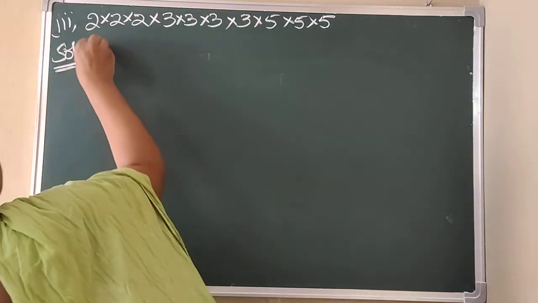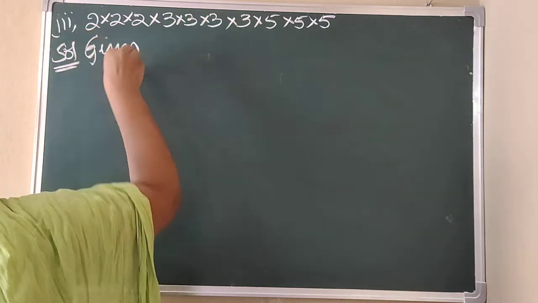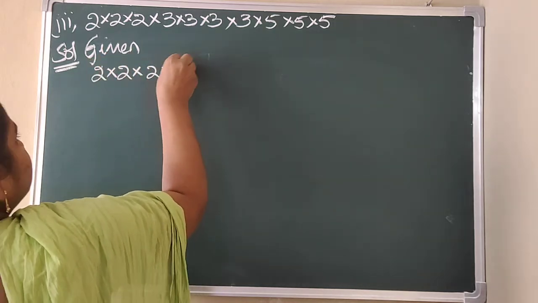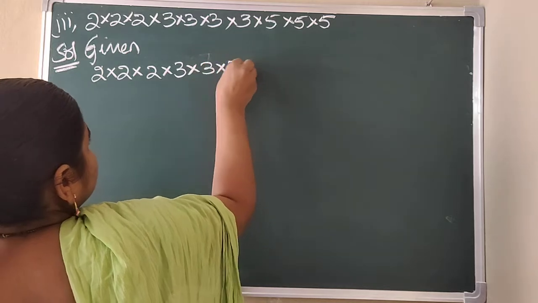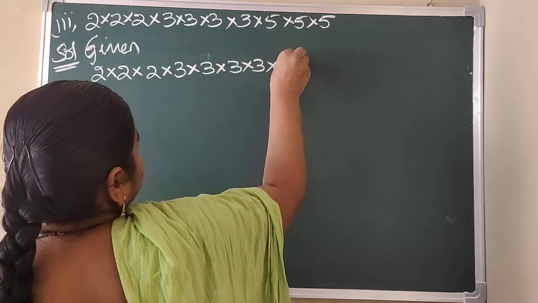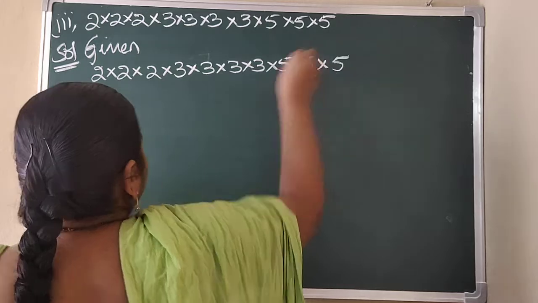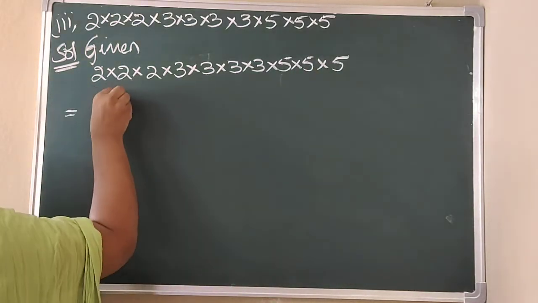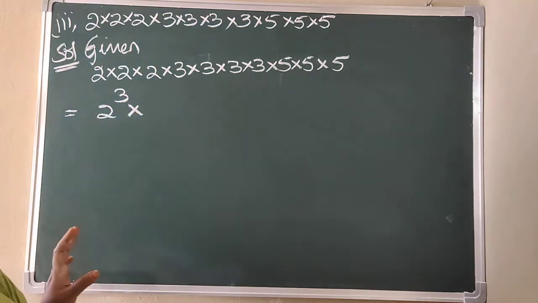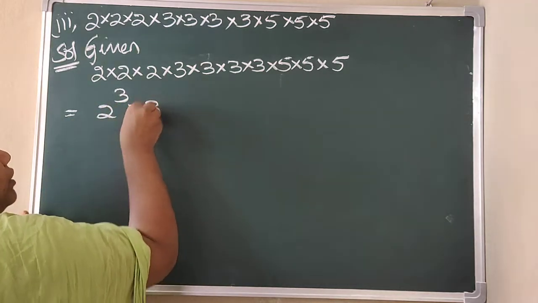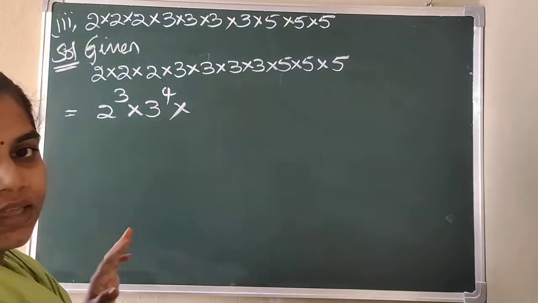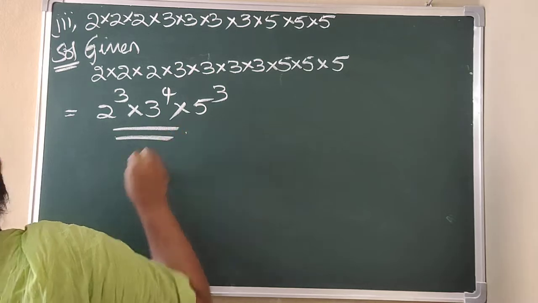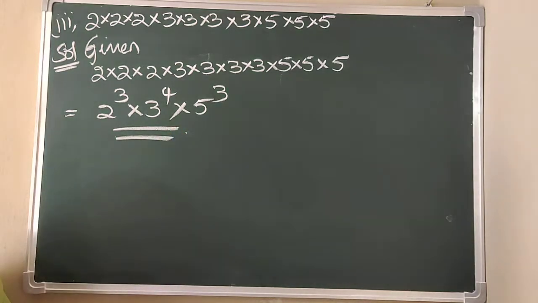So given 2 into 2 into 2 into. So 2, how many times have I multiplied? 3 times. So it will be 2 cube into 3 they have multiplied 4 times, so it will be 3 power 4 into 5 they have multiplied 3 times, so it will be 5 power 3. So this is the exponential form of the third one.